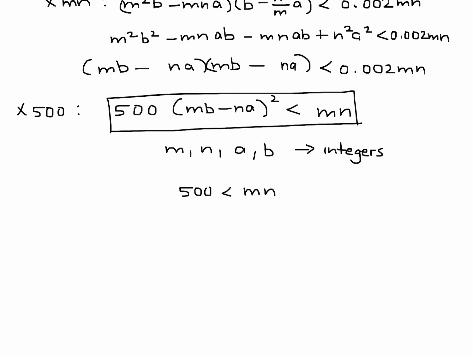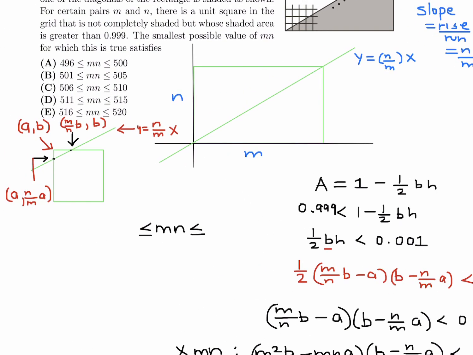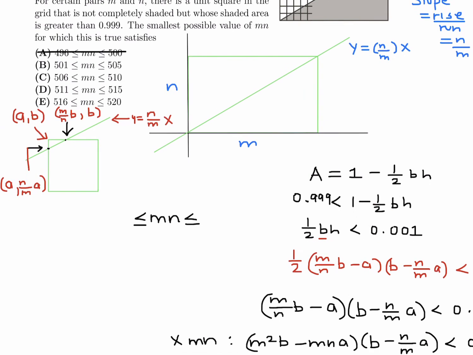Okay, if it's 2, then it becomes very big. If it becomes 2, then it would be 2,000. And that's not helpful. Why? Because look at our answer choices. This is one of those questions where the answer choices really are going to guide us. mn is only going to be anywhere between 500 and 520. We just identified that it's got to be greater than 500, so we can immediately eliminate A. But we still have to figure out, is it between 501 and 520?